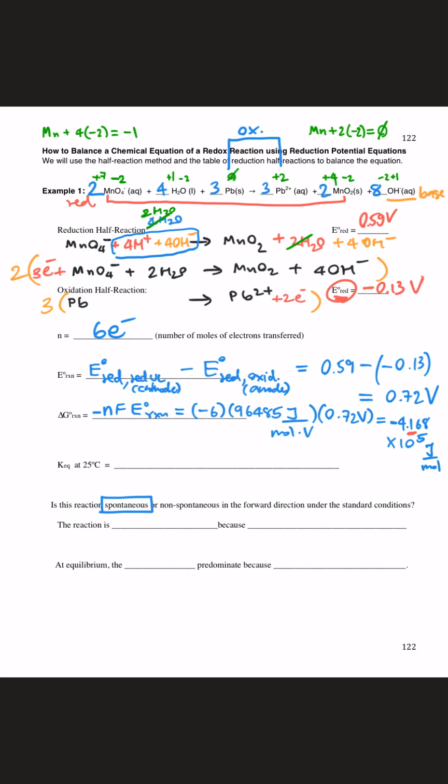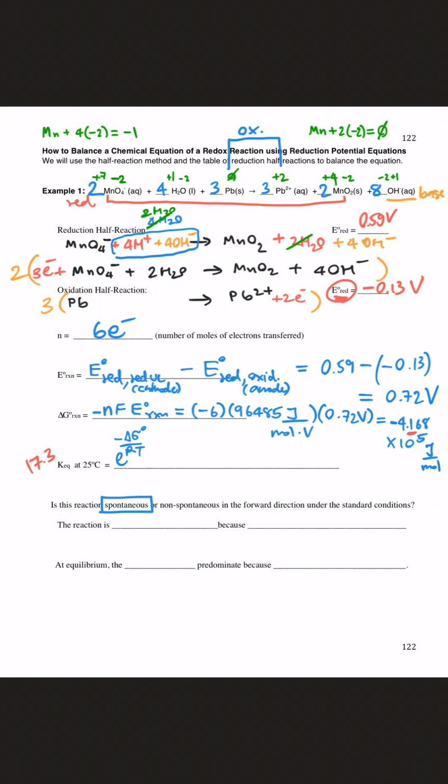In order to find K, from chapter 17.3, if you want to review that, the equation for K related to delta G is e raised to negative delta G over RT.